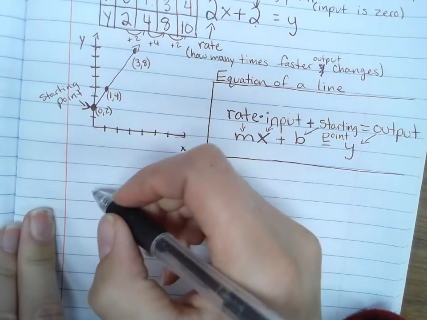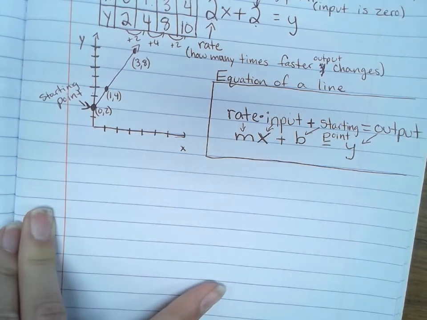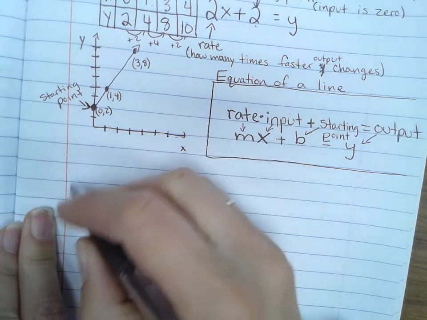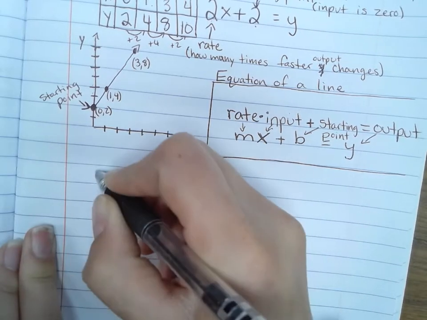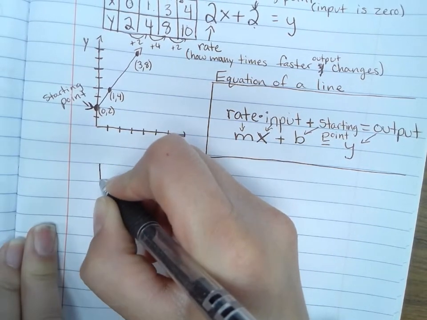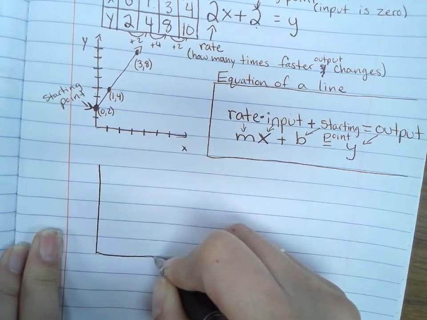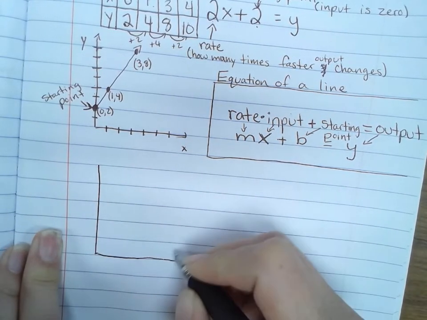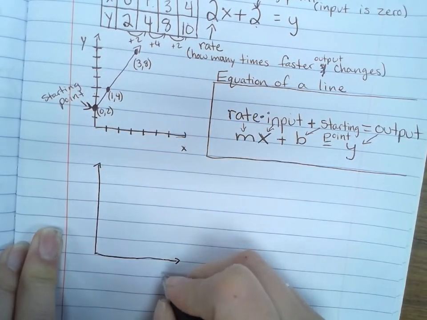Let's say we have a graph and we want to write an equation for it. So let's say we have the graph, looks like this. Try and make it nice and neat. Okay, this one is going to have a real life context to it, so we're going to give this one labels.